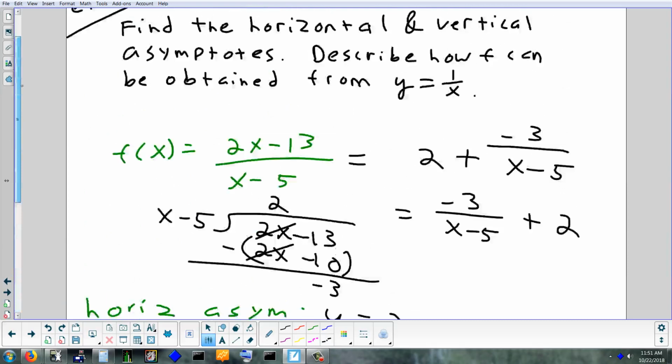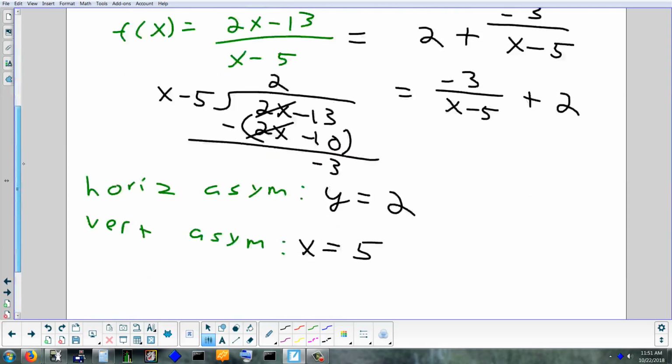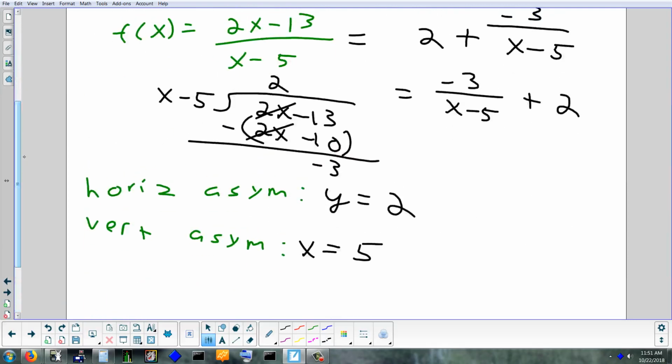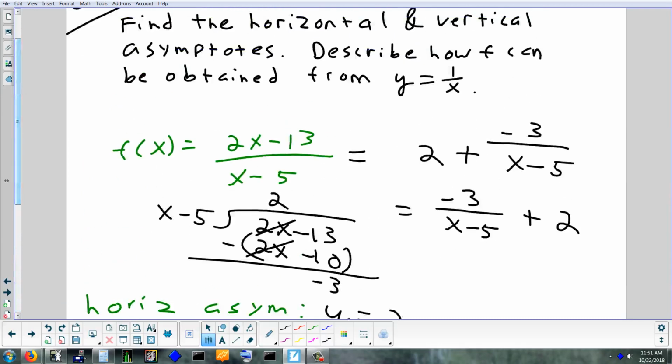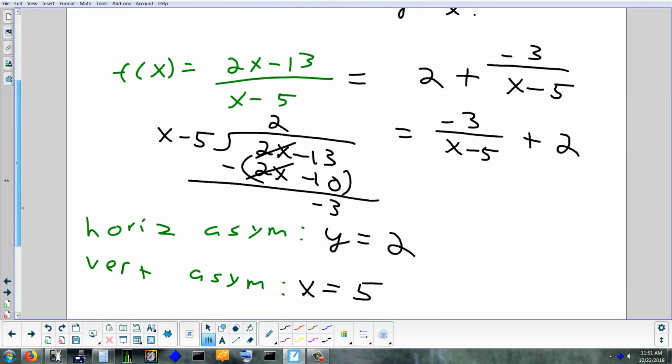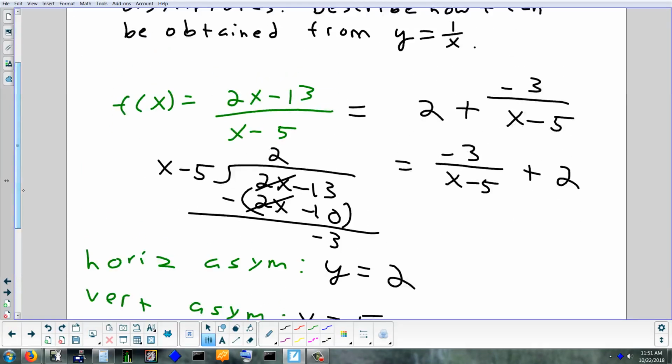And now I think it said describe the transformations. There's 4 transformations happening to turn this into that. Okay. So we start with the stuff that's inside the rational function. Okay, that's this part right here.